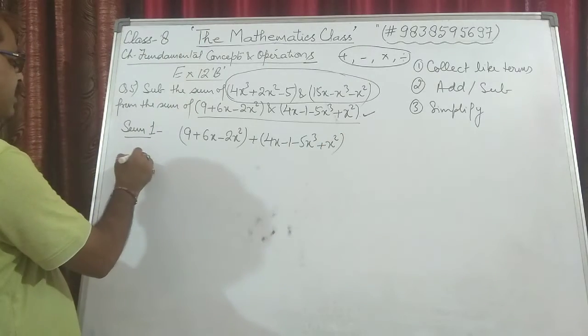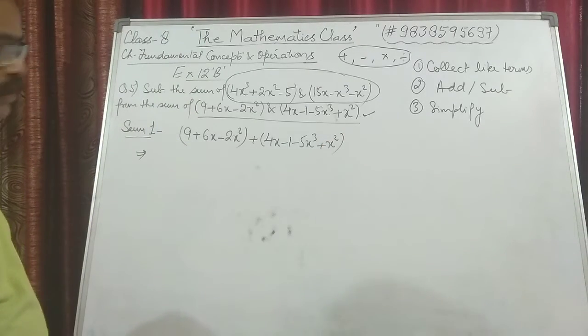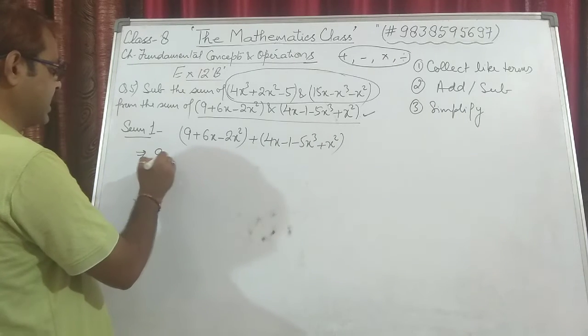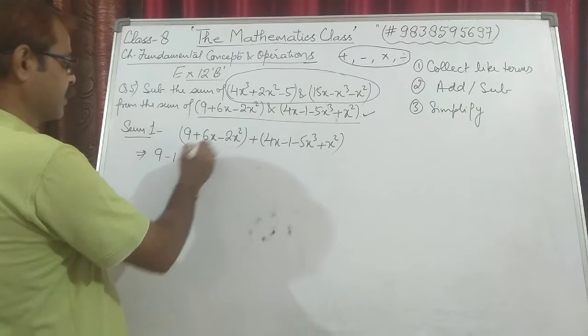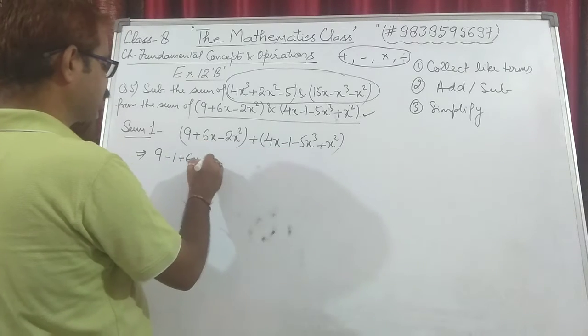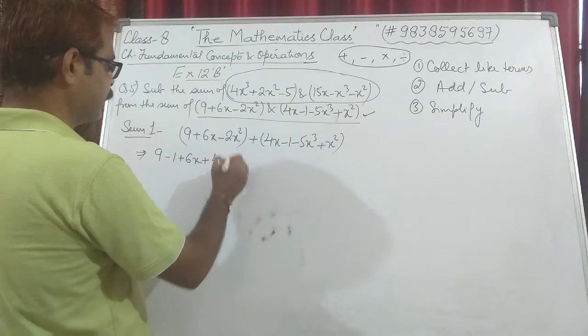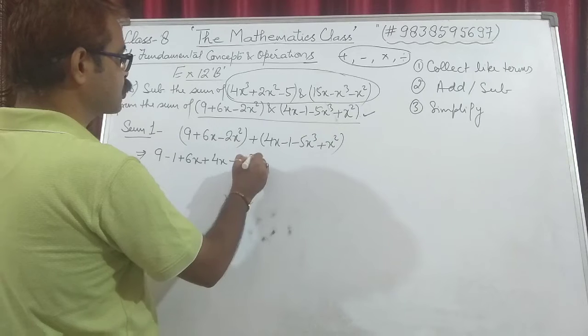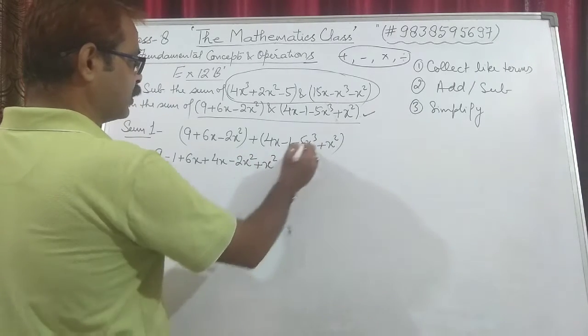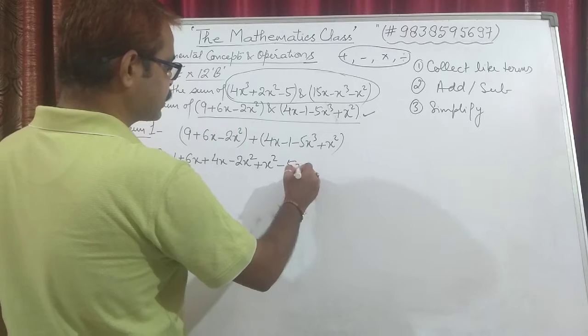Now when we add, we will take the like terms together. So first is 9 and then minus 1, plus 6x and plus 4x, then minus 2x square and plus x square, and then finally minus 5x cube.